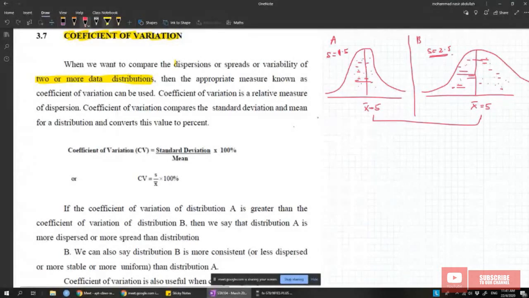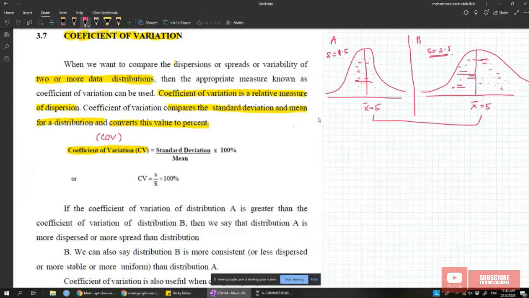Coefficient of variation is a relative measure of dispersion. It compares the standard deviation and mean of the distribution and converts it to a percentage. This is the formula for coefficient of variation, COV or CV. Better we use the term COV.